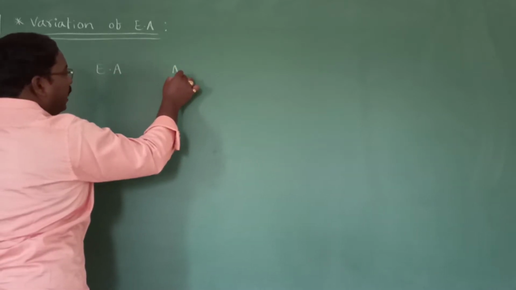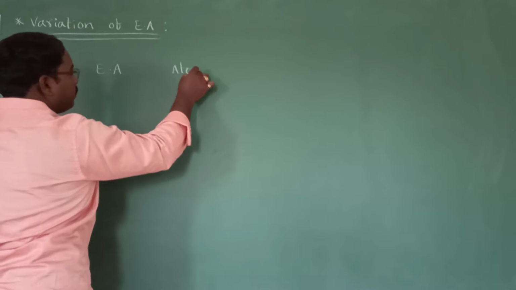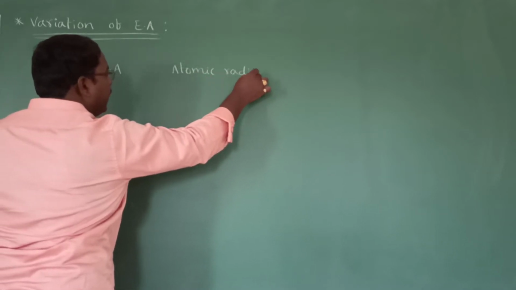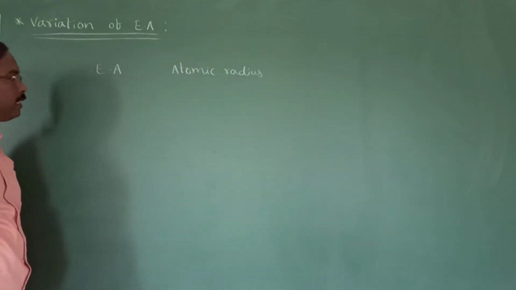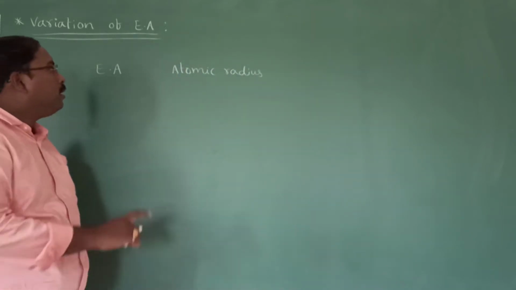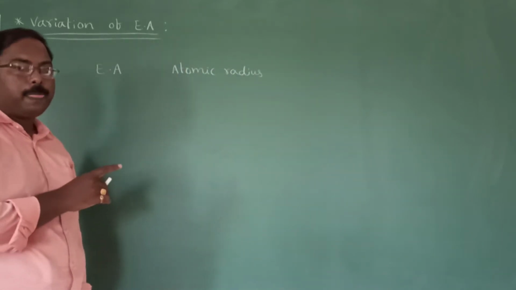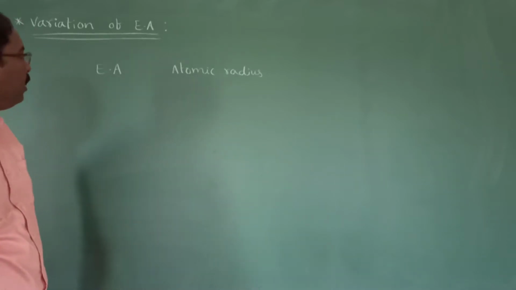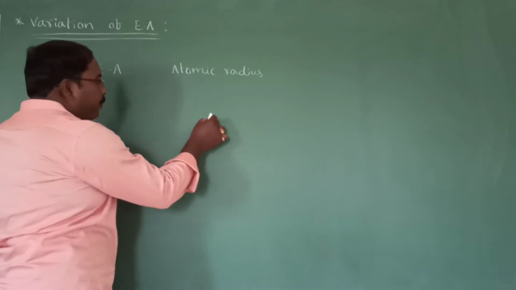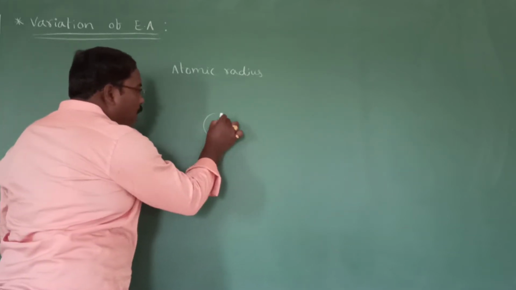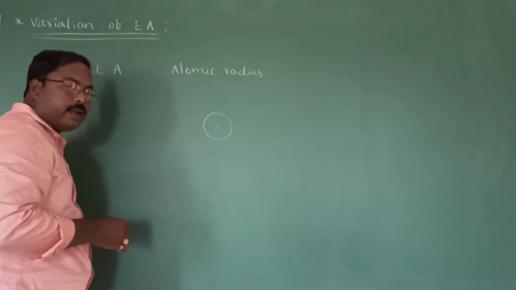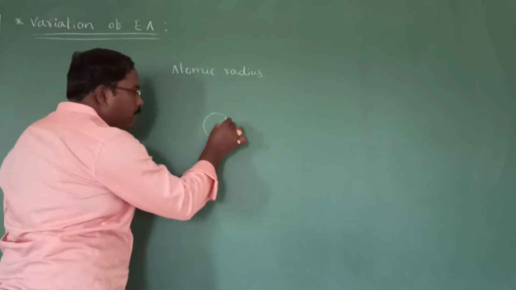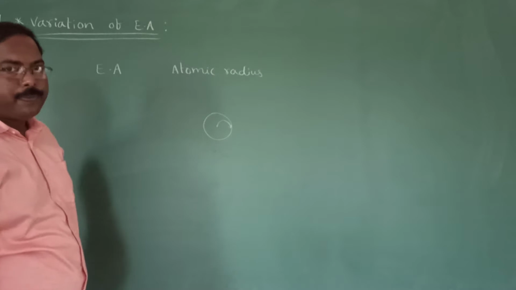Atomic radius or atomic size. Now my question is, how are these two related? Whether they are directly proportional or inversely proportional. If you observe, in the case of a small atom, the effect of the nucleus will be more on the outermost orbit, right?